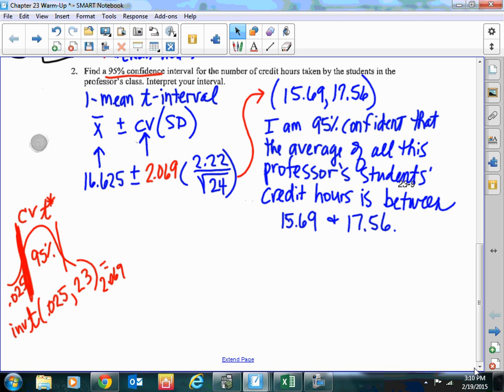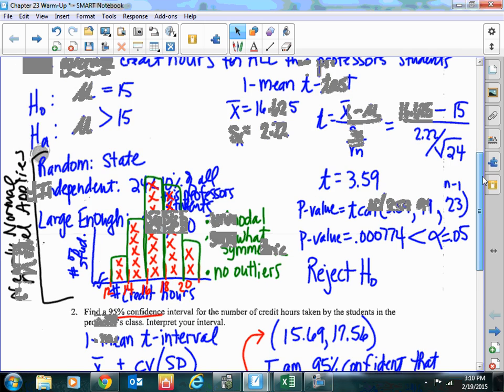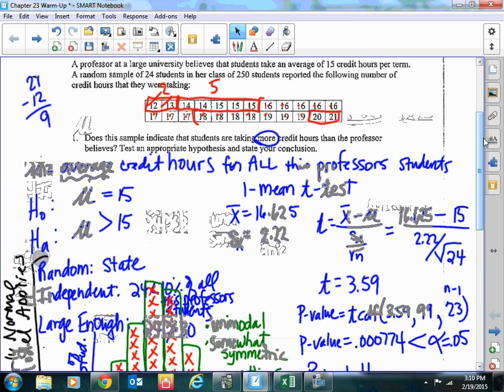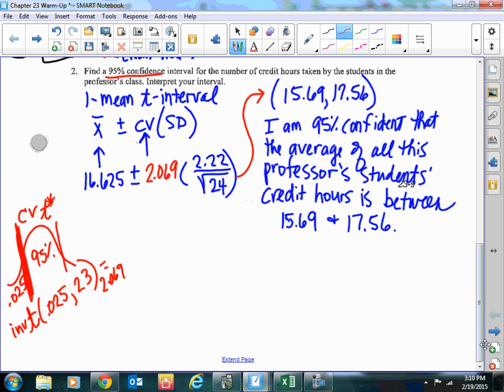Now, do make sure that you are prepared to discuss how the value in number 1 relates to this. Since number 1 was about whether 15 credit hours is a reasonable claim, you would want to state something about the fact that 15 is not in the interval.